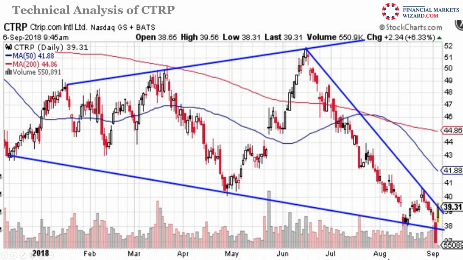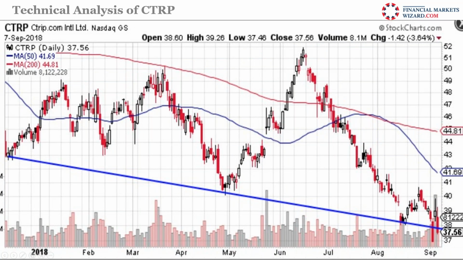On the 6th of September morning, it tried to break through this resistance line. It already bounced above the support line, right? This is the support line. It tried to break the resistance line, but it failed. It's still okay. It came back down below the support line.